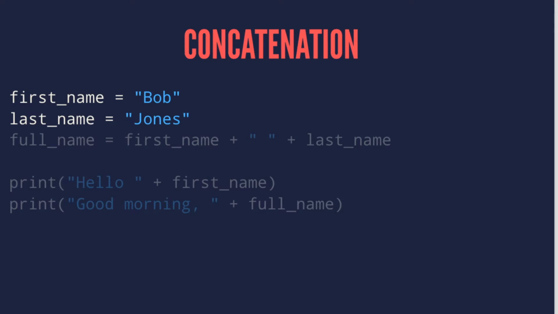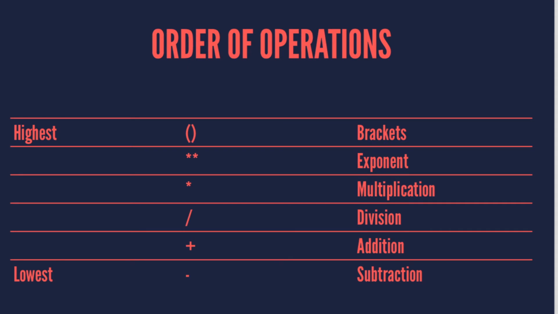And then we had concatenation, which was the adding of strings. And you can only add strings together. You can't add strings and integers or strings and floats. So concatenation is just adding strings together. And then we had our order of operations.